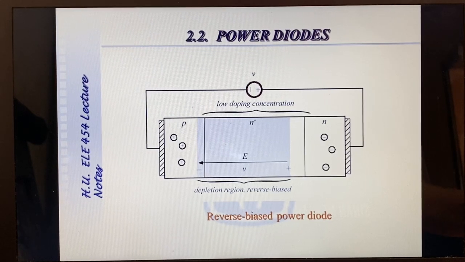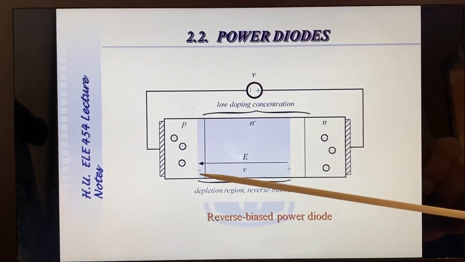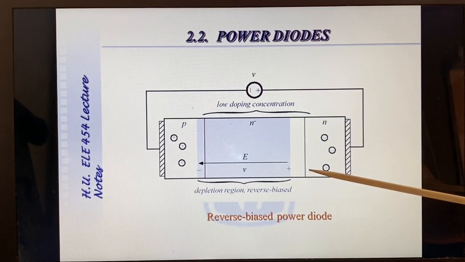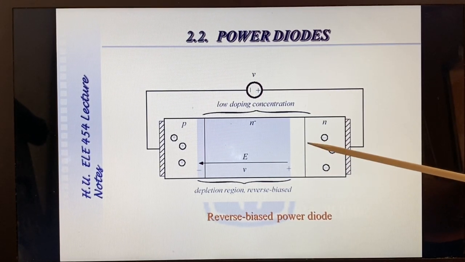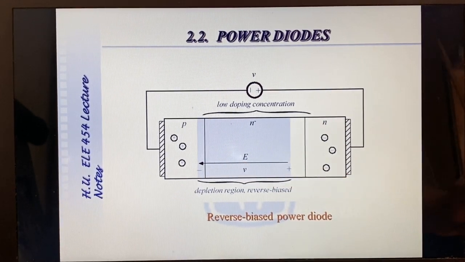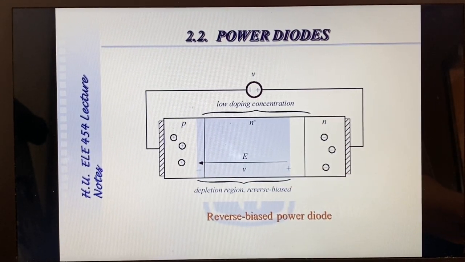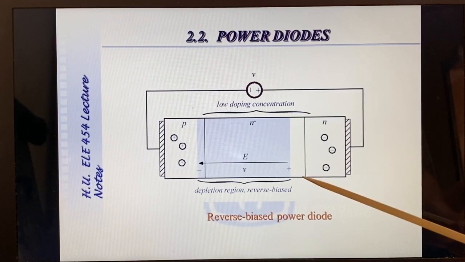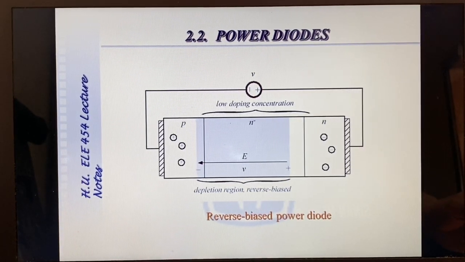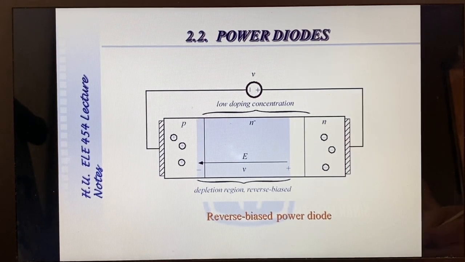There is a diffusion of electrons towards P and holes towards N region, forming a plus-minus potential drop at this depletion region. Hence, an electric field is formed here. So this is the reverse bias, non-conducting or off state of the power diode.